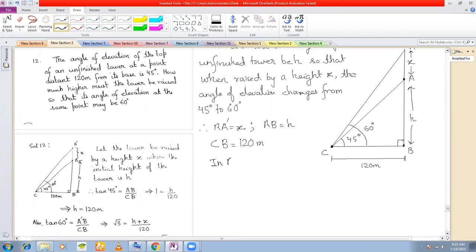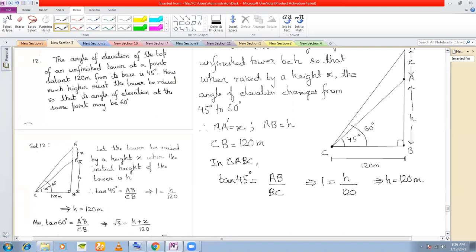In triangle ABC, tan 45 is equal to AB by BC. Tan 45 is 1, AB is h, BC is 120. So we are getting h equal to 120 meters. So we've got the height AB.